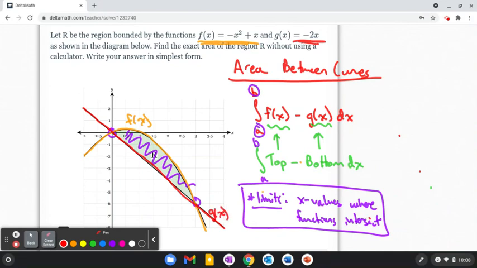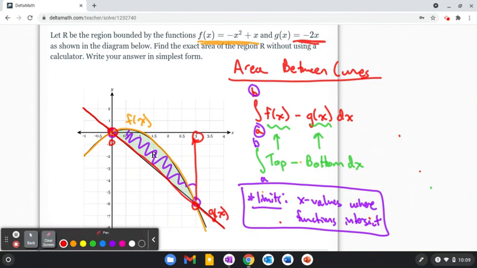To find the area between those, we're going to do f of x minus g of x over the interval from 0, because 0 is the x value where they intersect here, to 3, because 3 is the x value there. So we can set up our function.